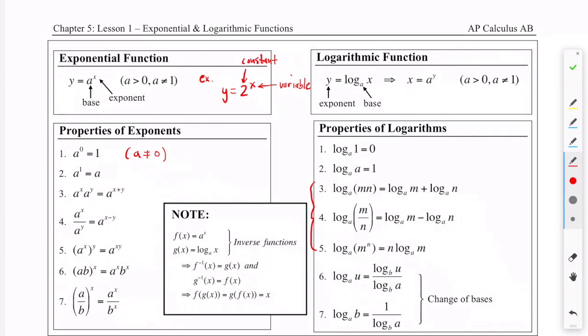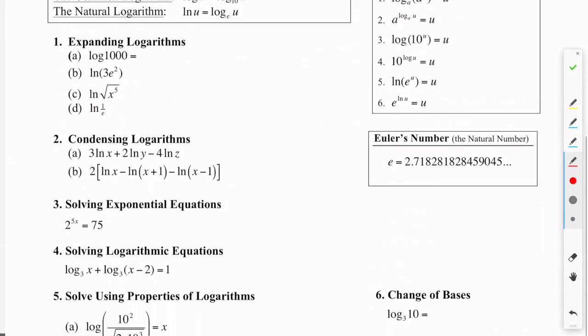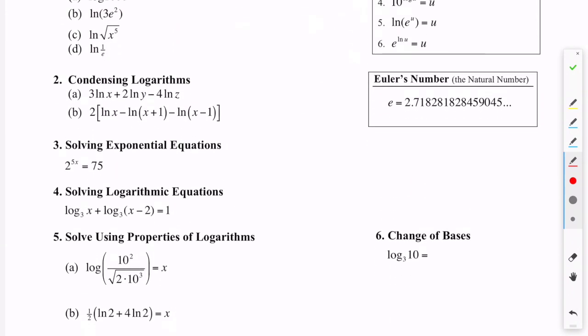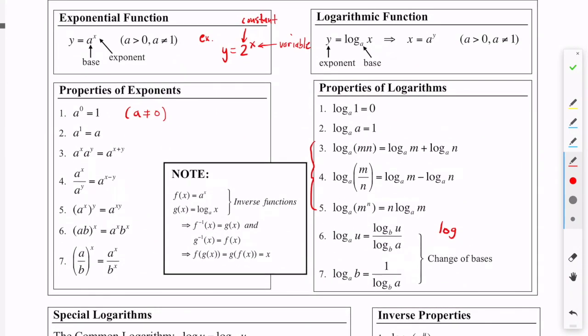If you've learned logarithms, you've probably learned the change of base formula. This is what we use in case we have a log with a base of something other than what we're used to. Like the very last example, number 6, log base 3 of 10.